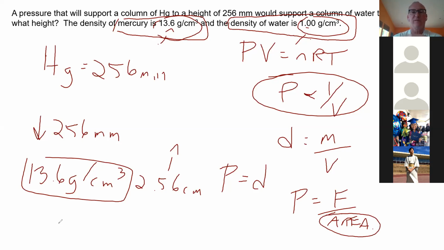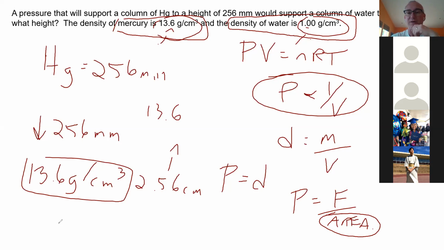but the mercury is pushing back with 13.6 times more force than water, right? Because it's 13.6 times heavier. So the force that mercury pushes down against the atmospheric pressure is 13.6 times more than water.